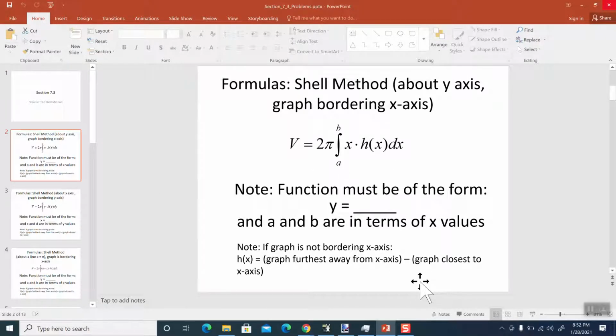Shell method about the y-axis, and your graph's bordering the x-axis. Before, if it was revolving around the x-axis, we were concerned with it bordering the x-axis, right? So this is different. We're going to revolve it around the y-axis, but specifically the graph has to be bordering the x-axis.